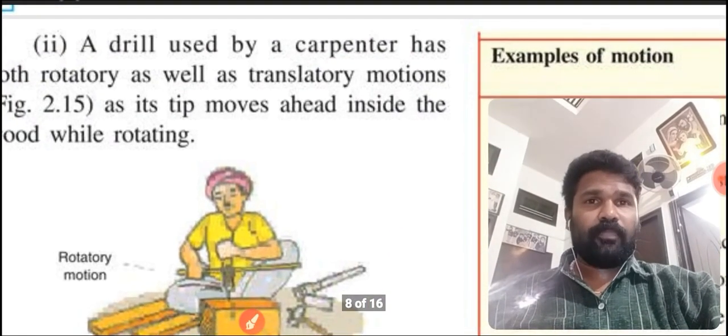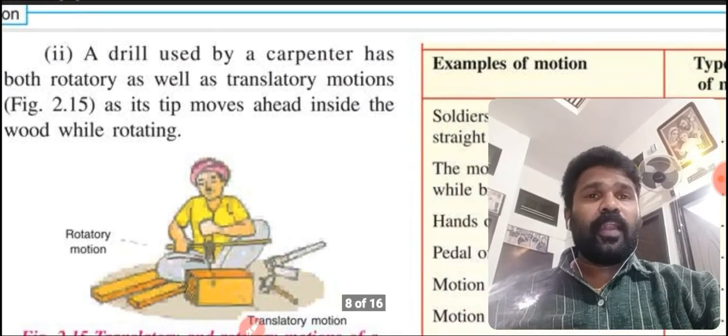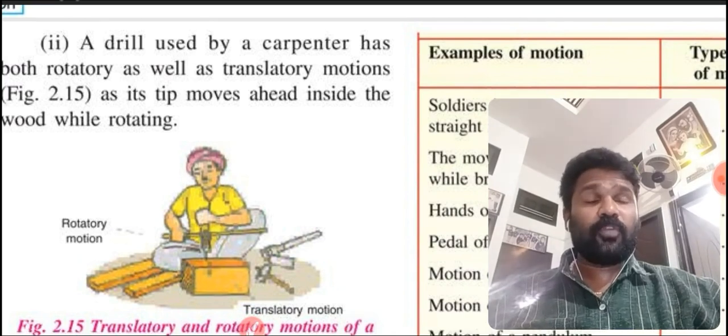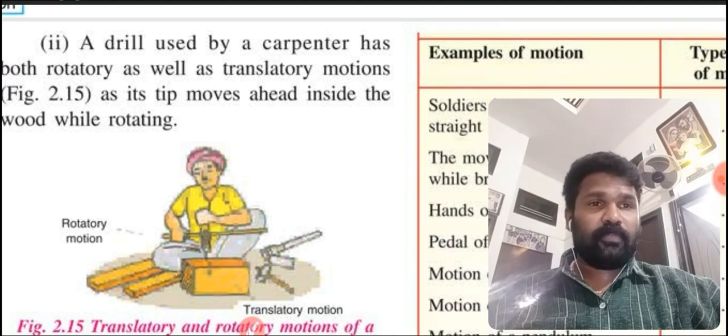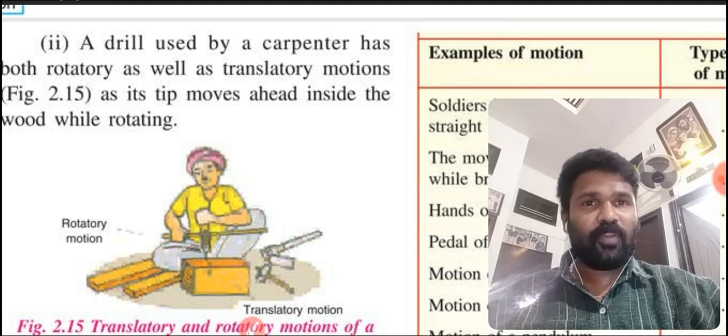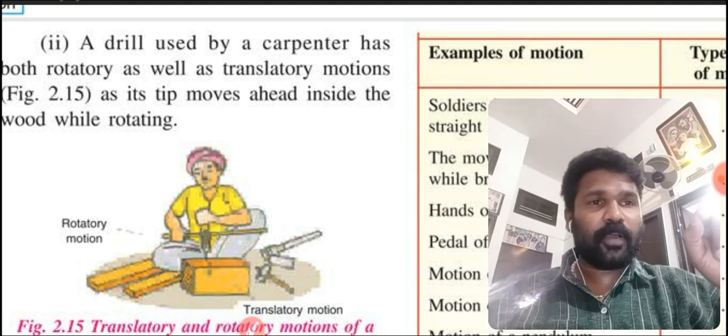Another example, a drill used by a carpenter. Maybe you have seen a drilling machine. Did you observe any time the movement of a drilling machine? A drill used by a carpenter has both rotatory as well as translatory motions. You just observe the tip of the drilling machine.